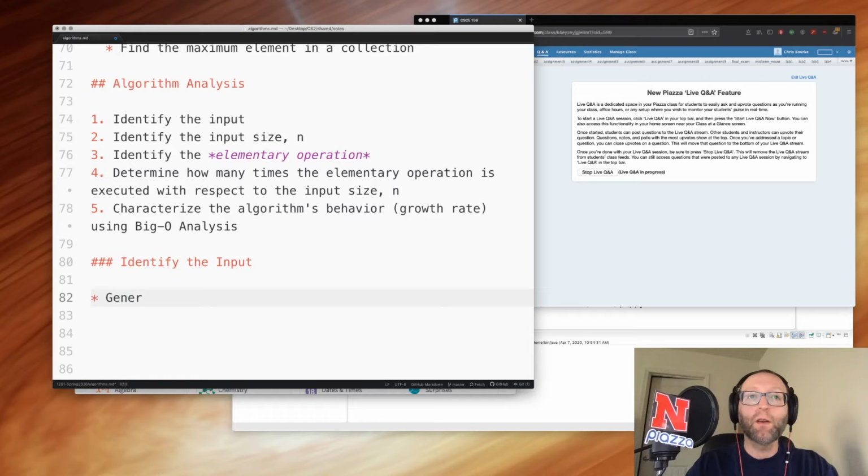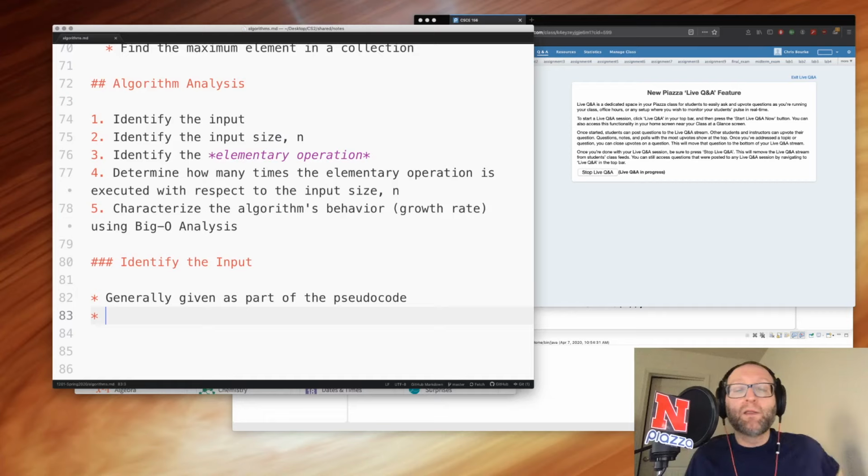So again, this is generally given as part of the pseudocode, right? At least good pseudocode. If you've got bad pseudocode, that's an immediate pseudocode smell that you probably wrote bad pseudocode that you're not labeling what the input is, right? So if you've written good pseudocode, this part is basically done for you.